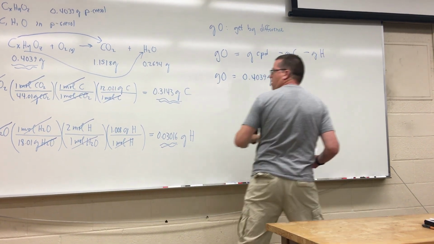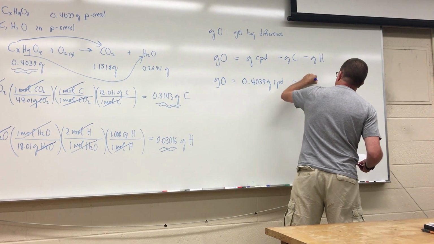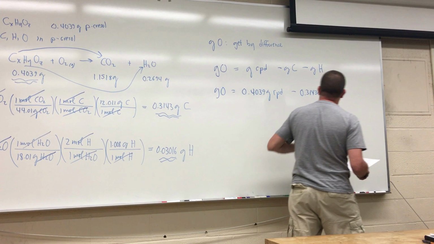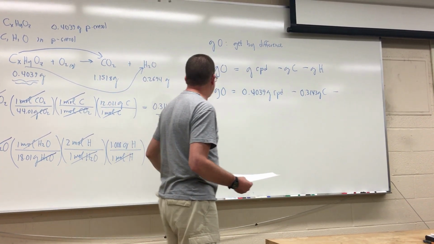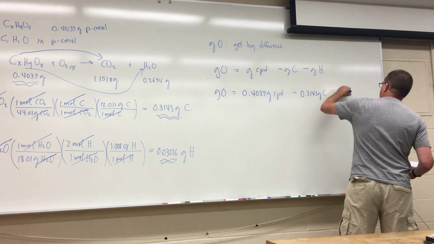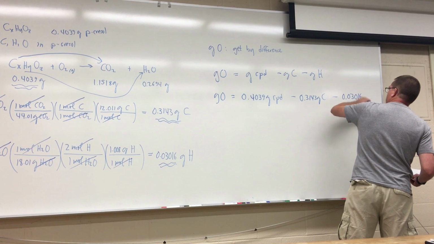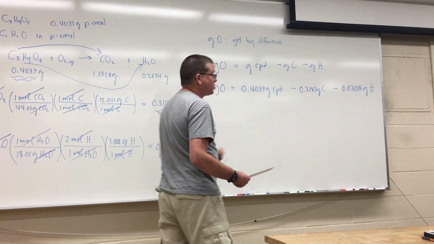Minus the grams of carbon, so that's 0.3143. That's my grams of carbon, minus my grams of the hydrogen, 0.03016. So now that ought to give me the grams of oxygen alone.